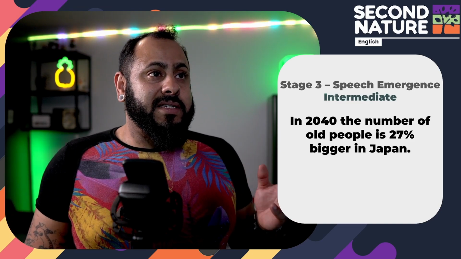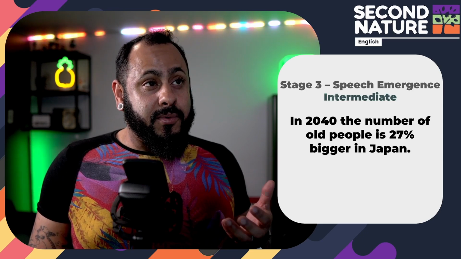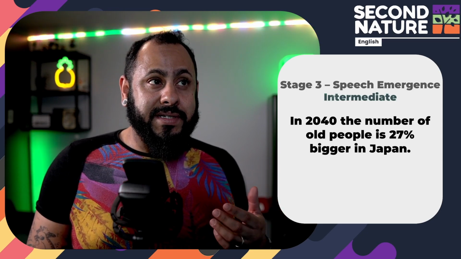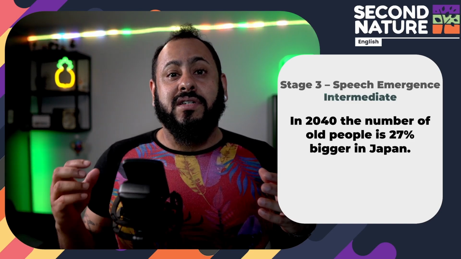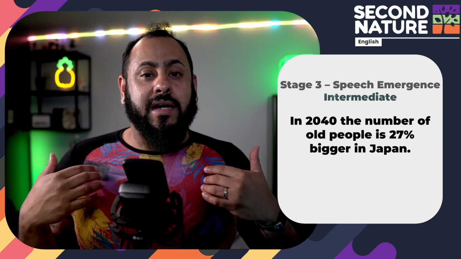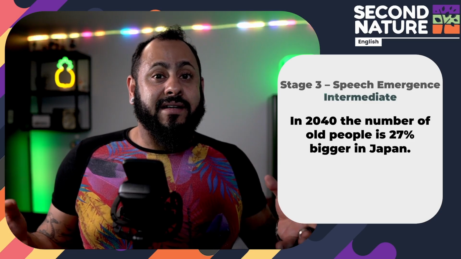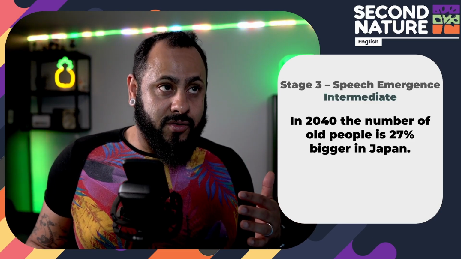So in this particular case, we still have some inappropriacies in terms of word choice, but we do see a more accurate representation of the sentence structure, especially when it comes to talking about a point of data and reflecting that in the sentence structure.